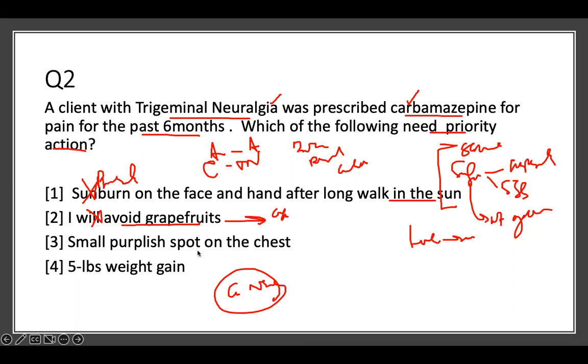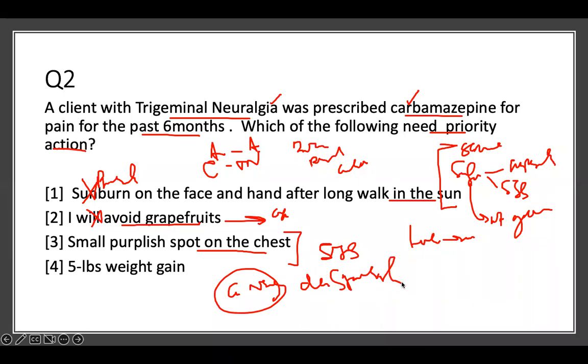Small purplish spot on the chest. Then you ask yourself, why is there a small purplish spot on my chest? This is the beginning of Stevens-Johnson syndrome, and this will spread throughout the body. And sometimes they use the word desquamation of the skin.